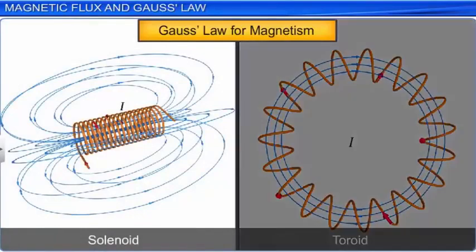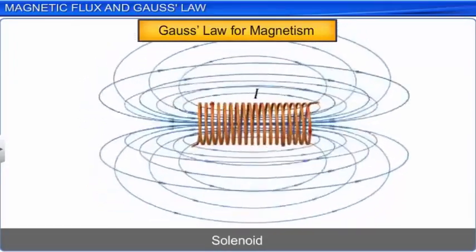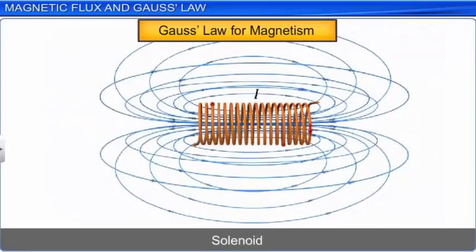In the case of a current-carrying solenoid, the magnetic field lines around the current-carrying solenoid are similar to that of the magnetic field lines due to a magnetic dipole. Here, the magnetic field lines come out from one face of the solenoid and enter into its other face.